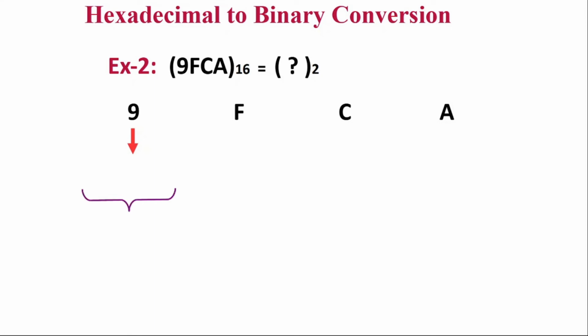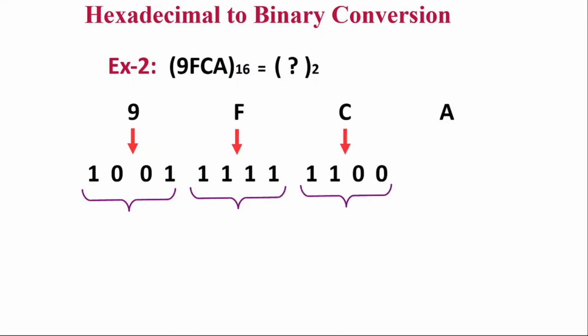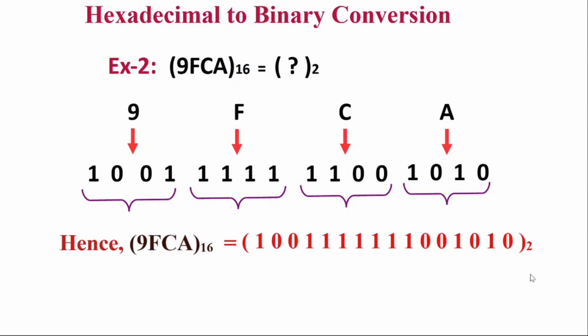For 9, it is 1001. For F, it is 1111. For C, it is 1100. And for A, it is 1010. Hence, we can say this is the binary equivalent of this given hexadecimal number.